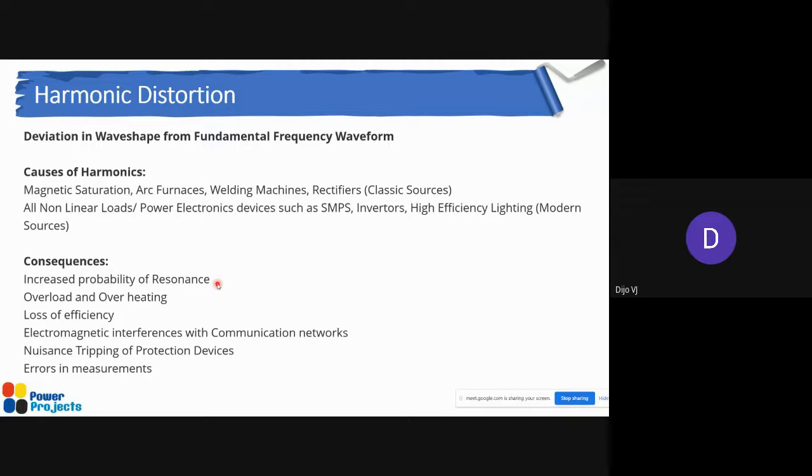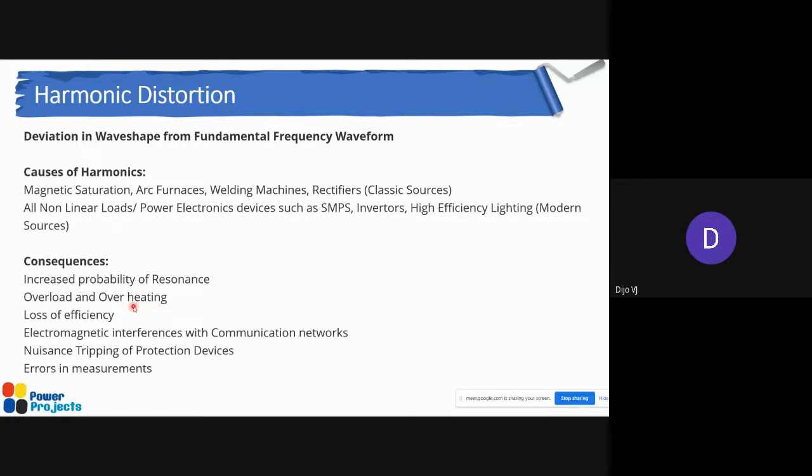So you need to have a proper study to ensure that resonance is not happening in the system. That is one important study for the harmonic study. It's one of the important factors that we need to look into.